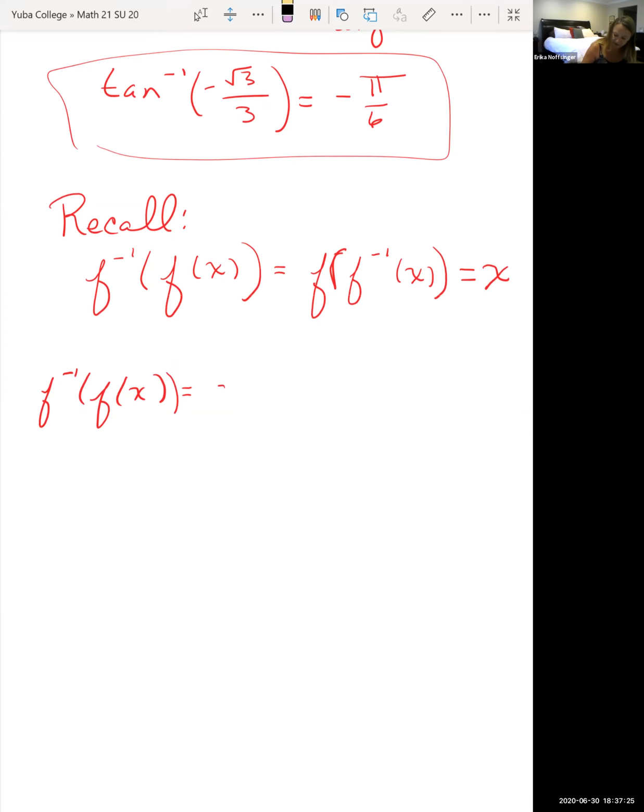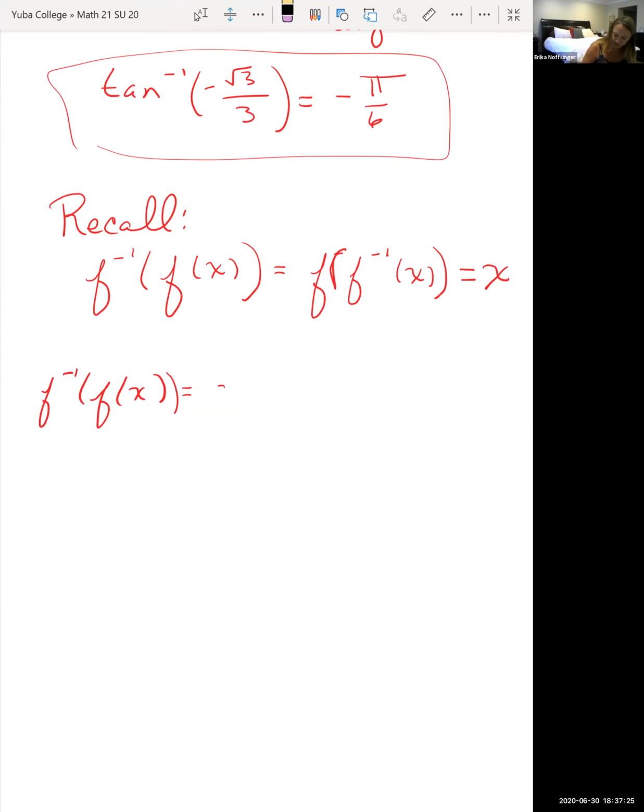For the x term, we have to look at sine of x. x would have to be between negative π/2 and π/2. So in this case, we have to say negative π/2 is less than or equal to x is less than or equal to π/2.